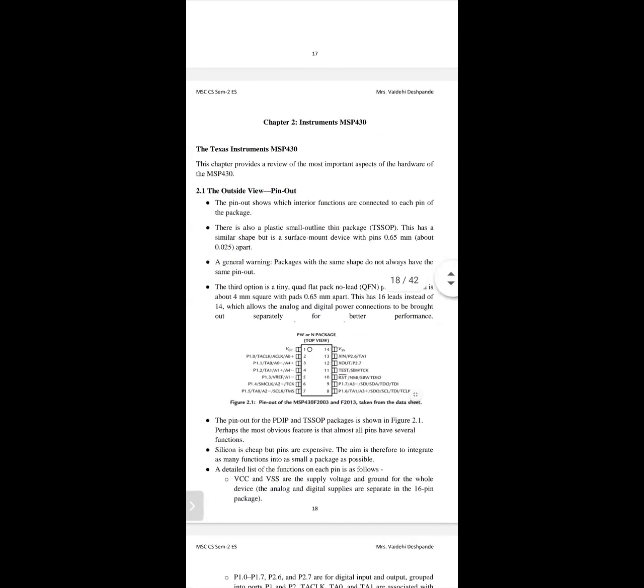Fine. So in the second chapter, we are going to see this microcontroller, the pin structure and so on, the hardware part. And in the third chapter, we are going to see what functions can be used, the software part, how to program, and so on. After that, your unit 1 will be complete.